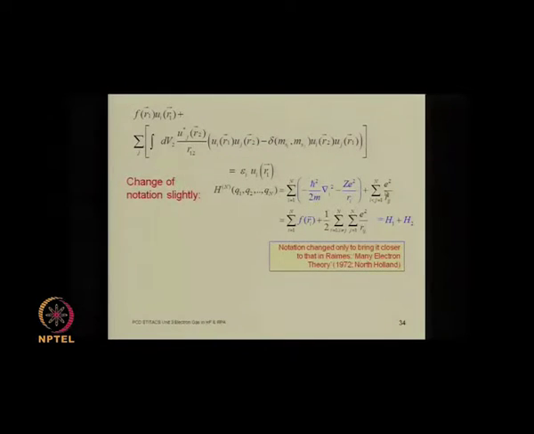Now, I am going to change the notation a little bit and rewrite this equation, and it would not have mattered, but I want to bring the notation very close to what we find in the book by Reims, Many Electron Theory, because it is the notation of Reims that we are going to carry forward for the development of the Feynman diagrams, and for the discussion on the random phase approximation using the Bohm-Pines formalism, for example.